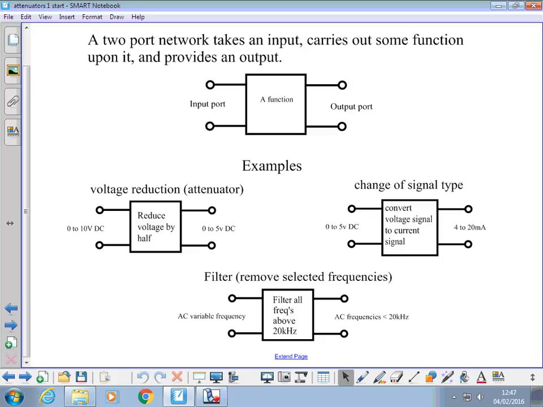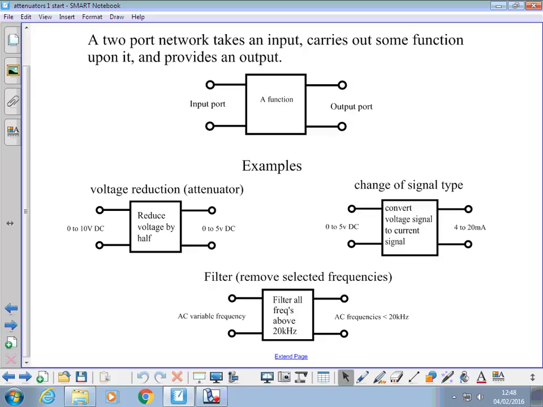I'll talk a bit more about this when we come to filters, but think of a filter as a variable attenuator. It's a circuit that attenuates at certain frequencies, but not at others. That variable is the frequency, so it will attenuate some frequencies and not attenuate others.